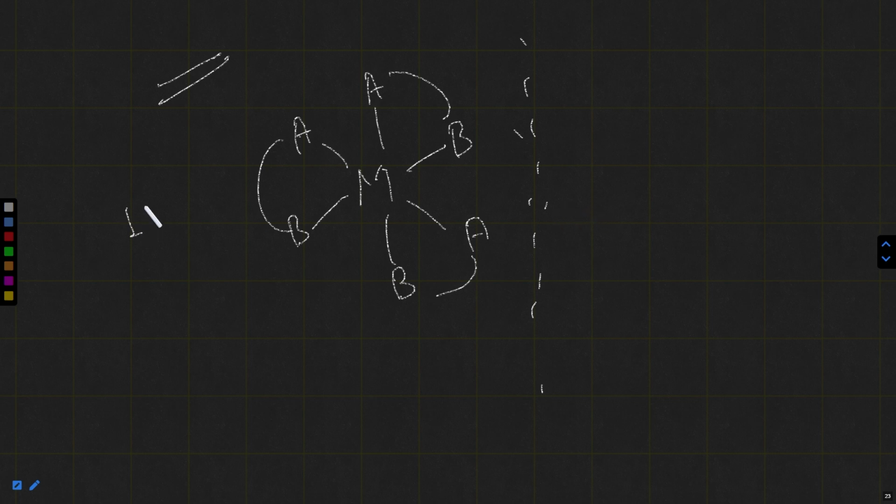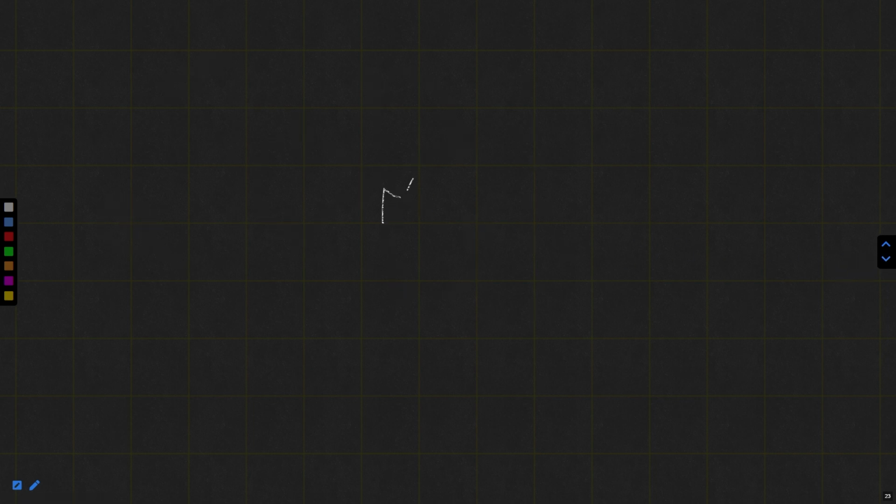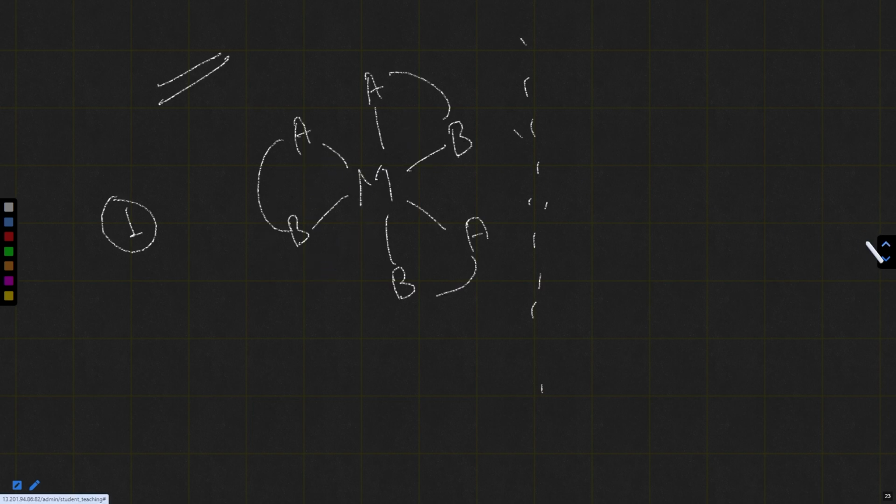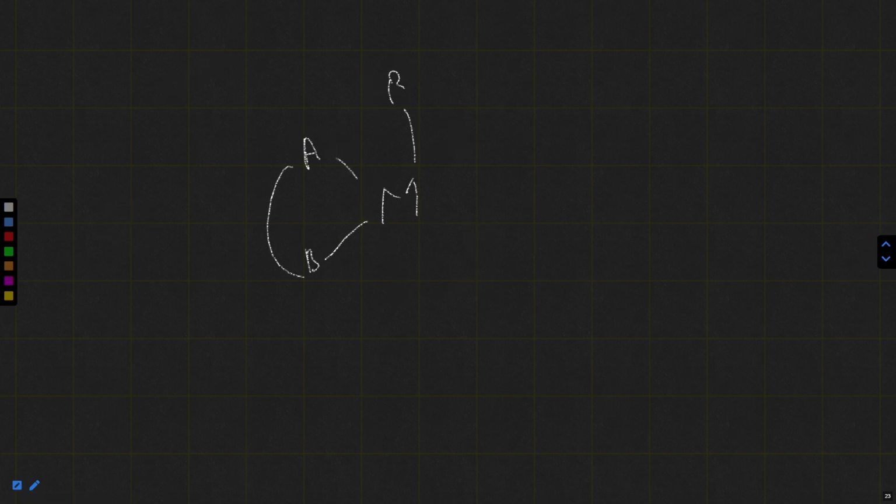That will result in one pair of isomers. This is one pair. Can we have more examples? Yes, we can have more structures. So this is AB. Now, in this case, if you see, A and A are here. So I'm placing it in this fashion. Okay.